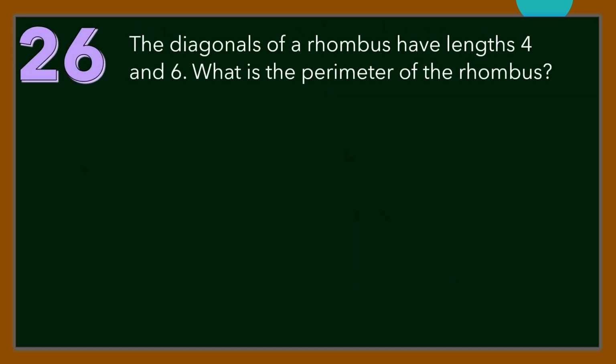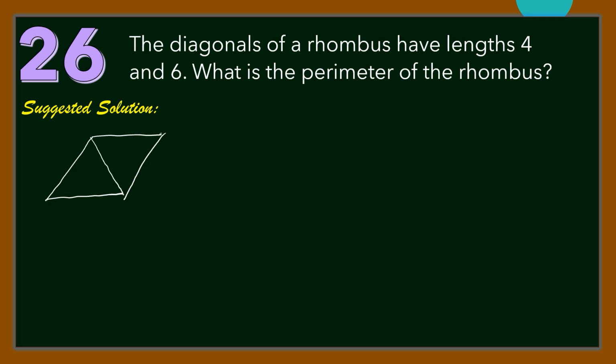26. The diagonals of a rhombus have lengths 4 and 6. What is the perimeter of the rhombus? For our suggested solution, let us draw a diagram showing the given rhombus. We know that in a rhombus, the diagonals bisect each other.